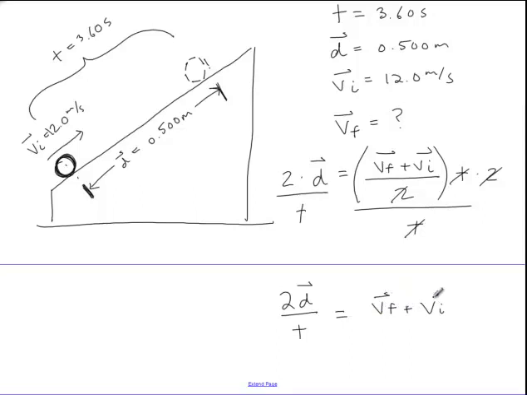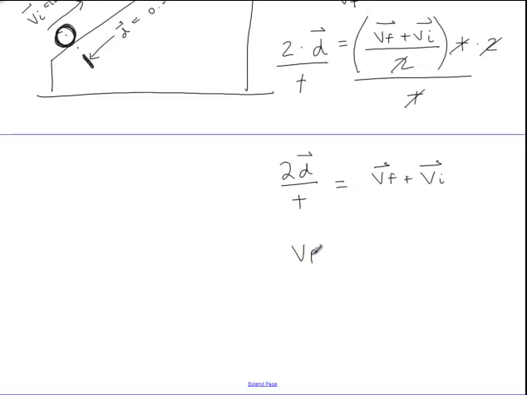We just want vf on the left side. And so when we rewrite that, we'll have vf equals 2d over time minus vi.